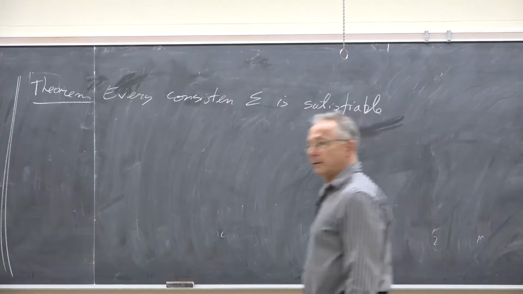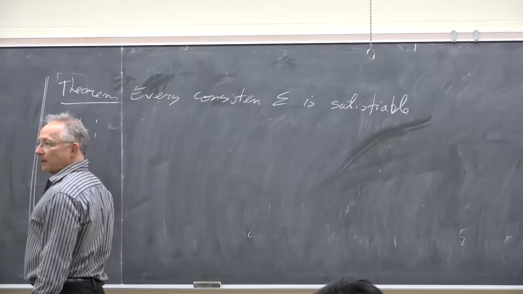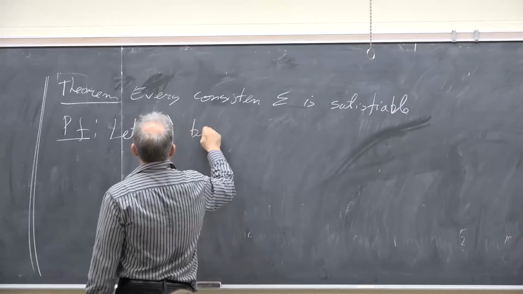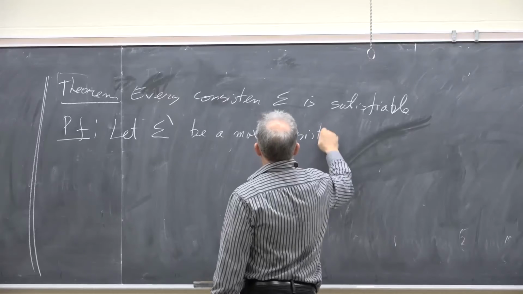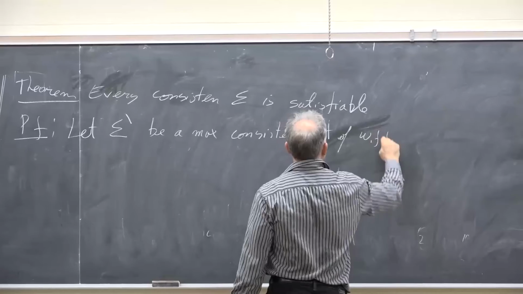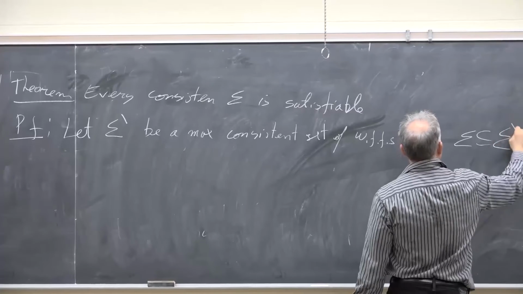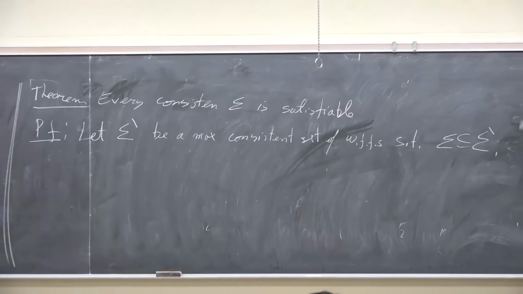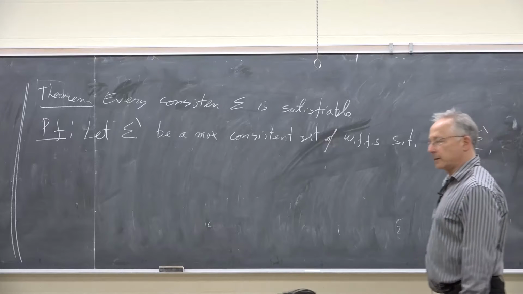So here is a nice trick. So the proof, we start with the last theorem. So let sigma prime be a maximal consistent set of WFFs such that sigma is a subset of sigma prime. Now, why will it help me? Now I'm going to define a truth assignment, because in order to show satisfiability, I need to define a truth assignment.